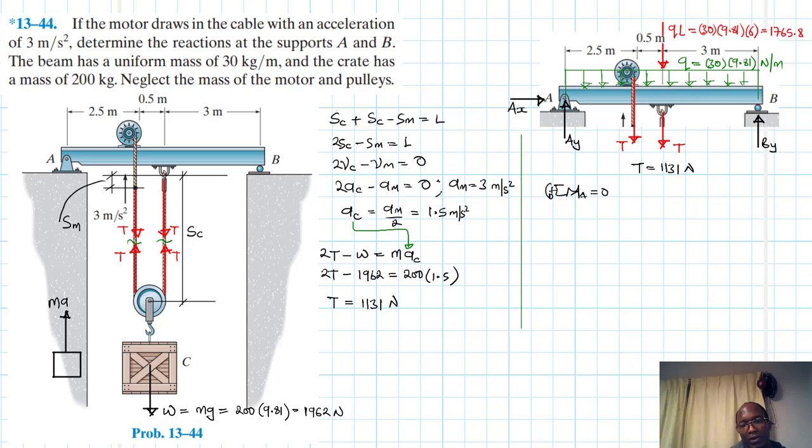So let's start with applying the summation of moments about point A, with clockwise being our reference, and I draw my reference somewhere there so that I don't affect what I've already done. Then this becomes T times 2.5, minus another T times 3, minus 1765.8 times 3, plus BY times 6 equal to 0.